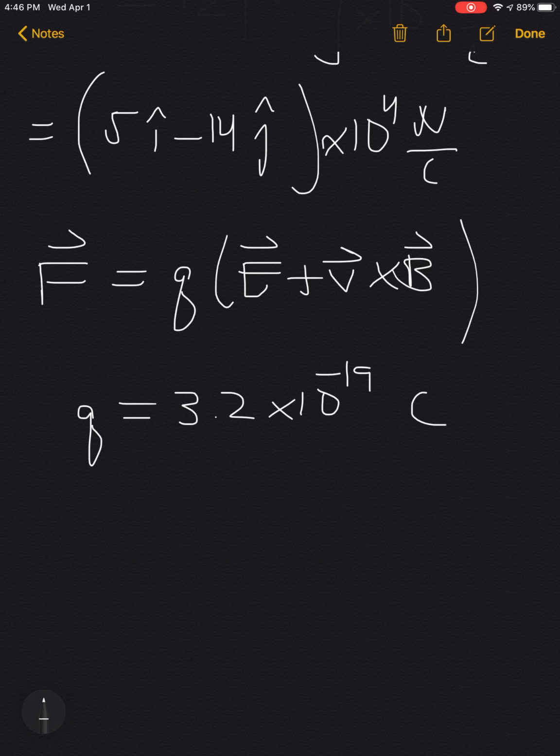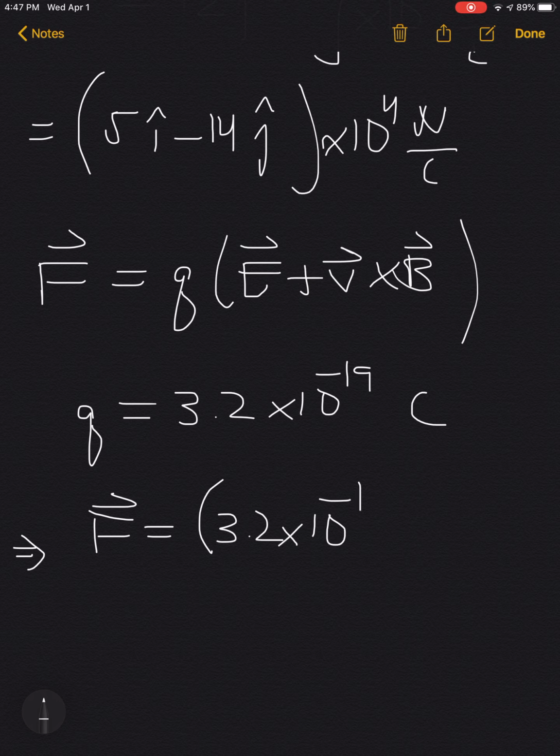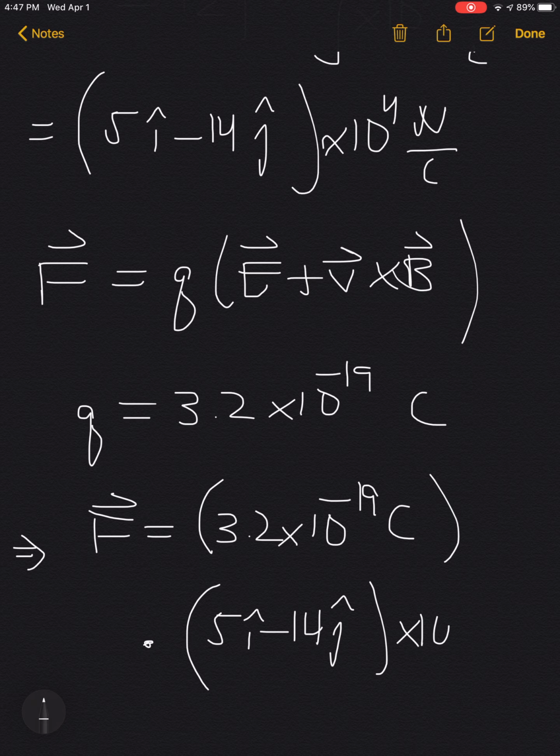So we've got that force is equal to 3.2 times 10 to the minus 19 coulombs multiplied with, want to make sure that I don't mistake the multiplication with a cross product, 5i minus 14j times 10 to the fourth newtons per coulomb.